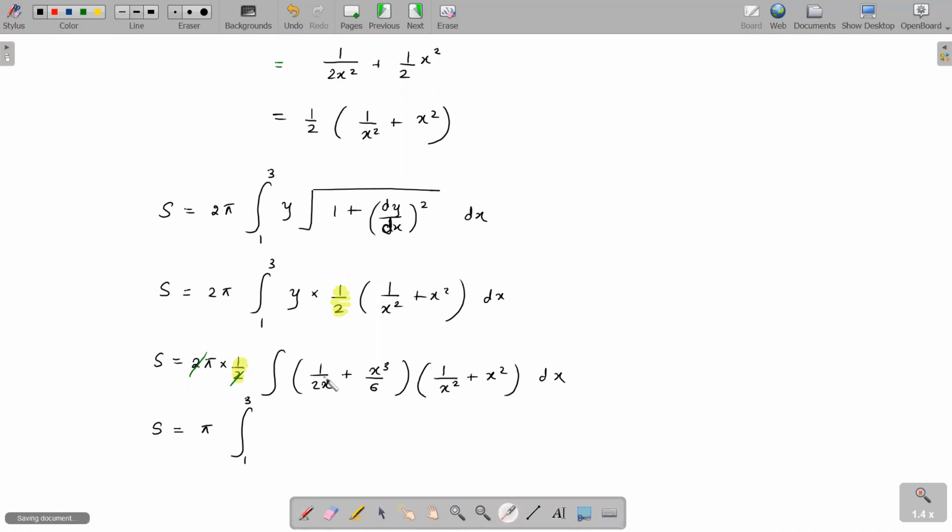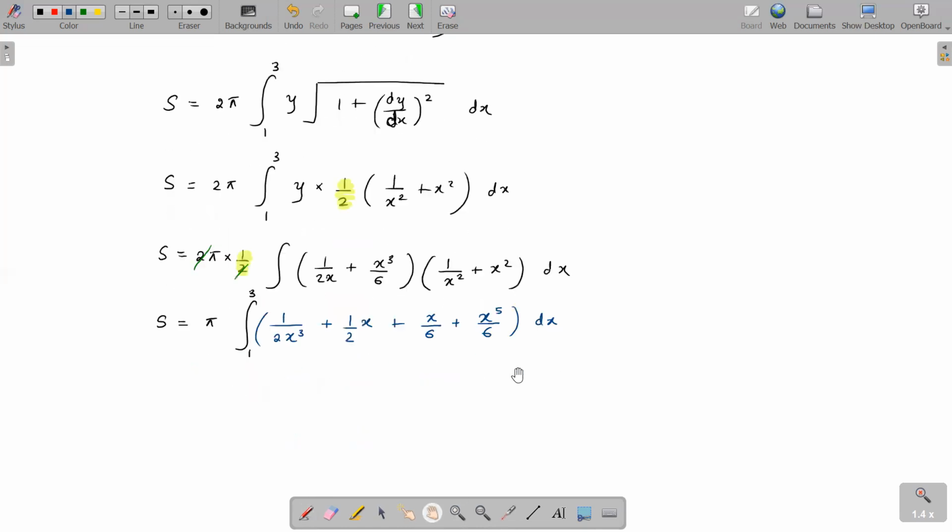Expanding 1 over 2x into 1 over x square gives 1 over 2x cube. 1 over 2x into x square gives plus half x, since the x and x square cancel. Next, x cube over 6 into 1 over x square gives x over 6. The last one, x cube over 6 into x square, gives x to the power 5 over 6, with respect to x.